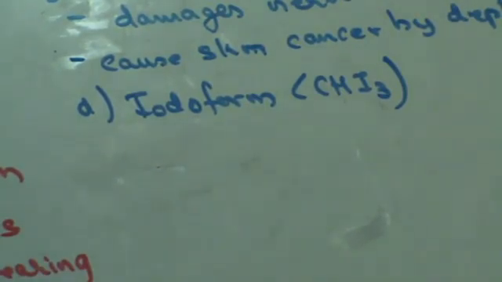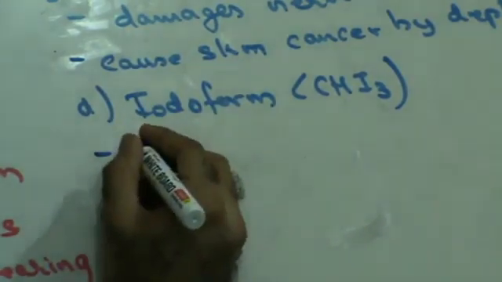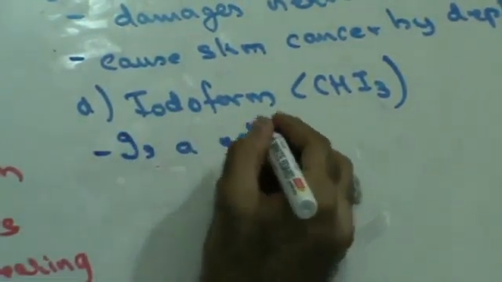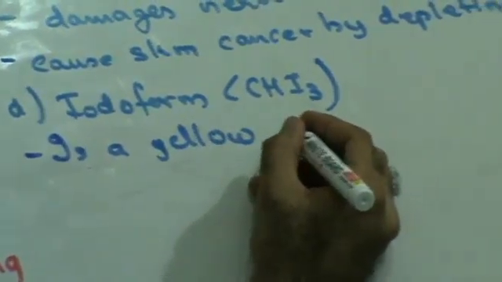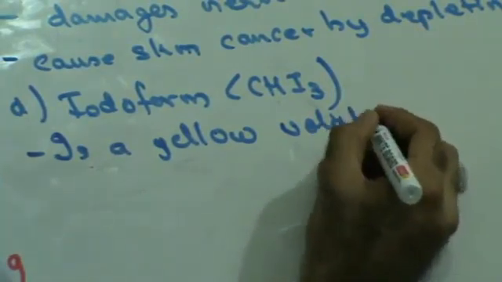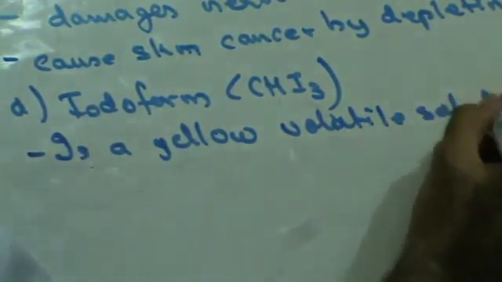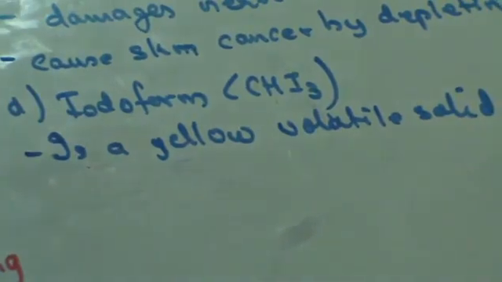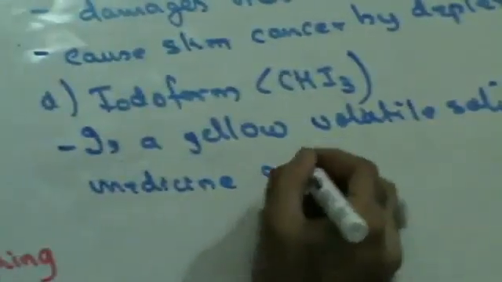The only harmful environmental effect that it has is that it has a very strong smell. So hydroform is a yellow volatile solid used in medicine as healing agent.